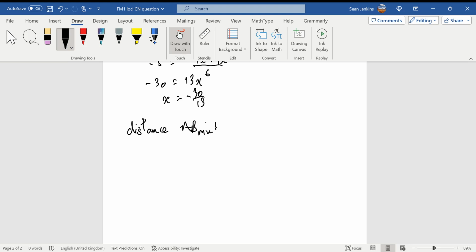That is, mod z is equal to, and there you go, the square root of x squared plus y squared, which is minus 30 over 13 all squared plus 20 over 13, which is your value of y, 20 over 13 all squared.